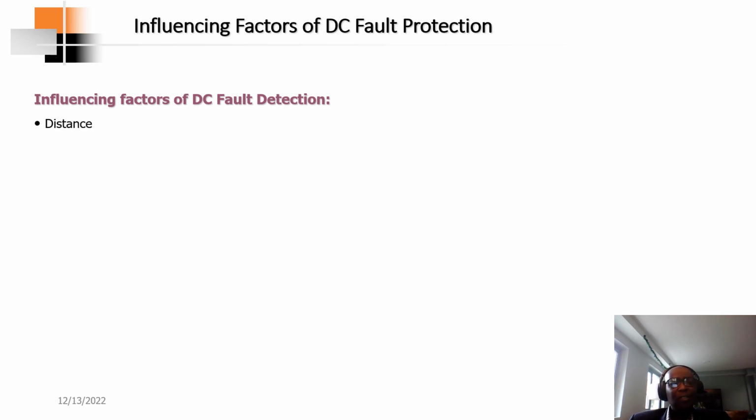The first influencing factor is distance. As distance increases along the DC cable, the DC fault current basically decreases.